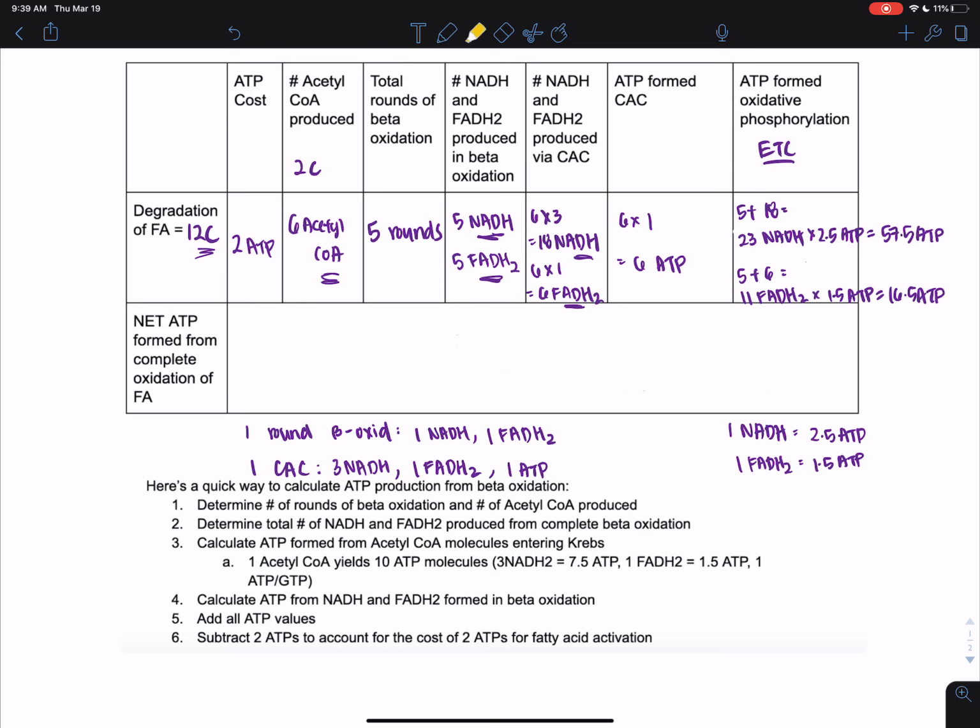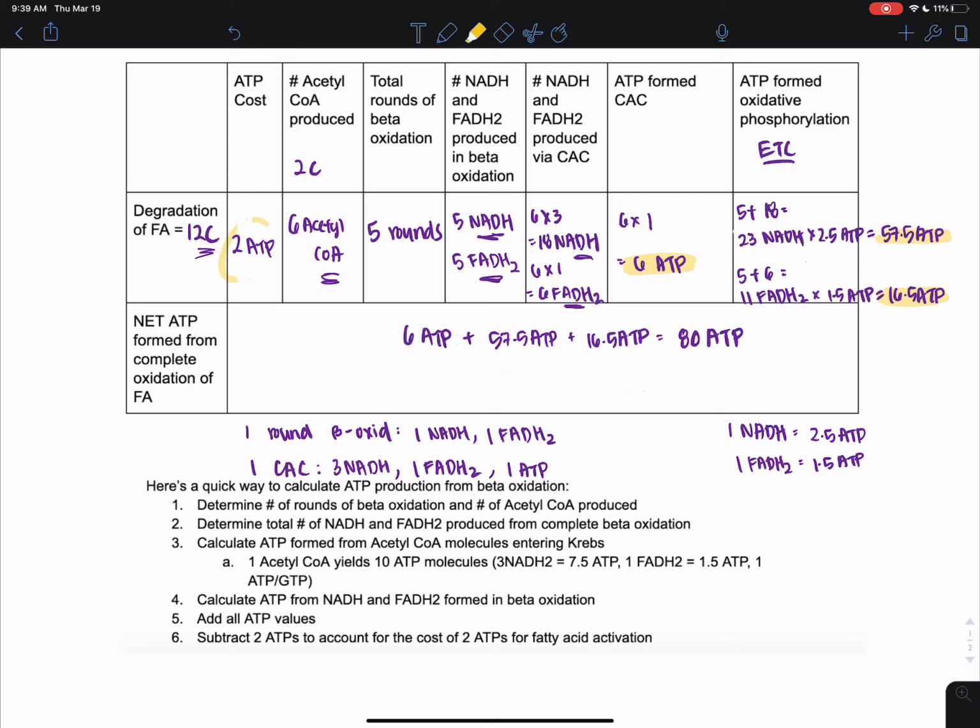Now to find the net ATP, you can just add up all of the ATP that you form. You form some through the electron transport chain, and some through the citric acid cycle. So we can go ahead and add those up. You have 6 ATP plus 57.5 ATP plus 16.5, and that gives you a total of 80 ATP.